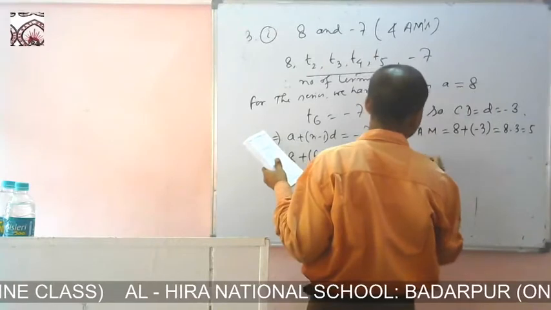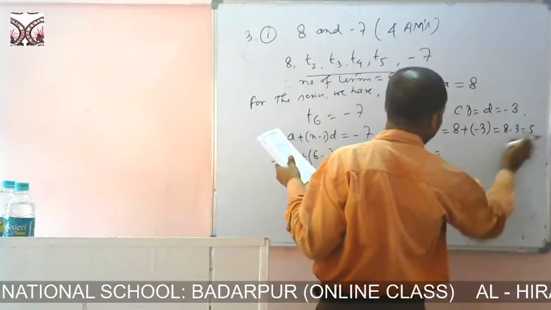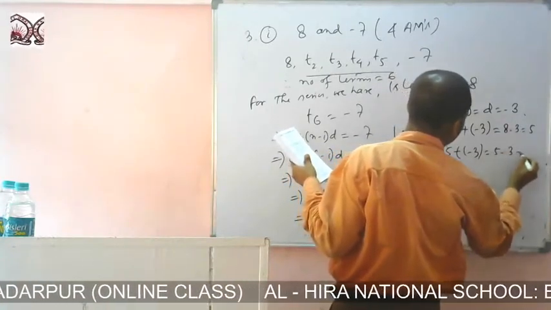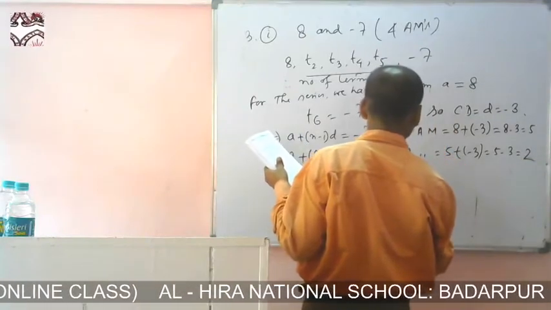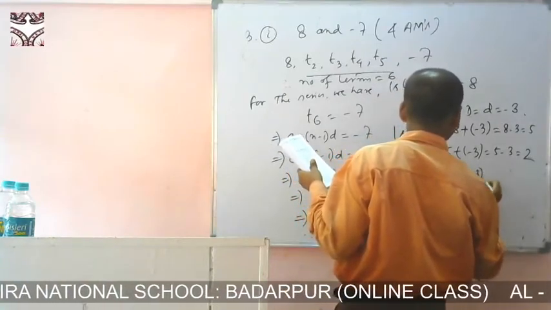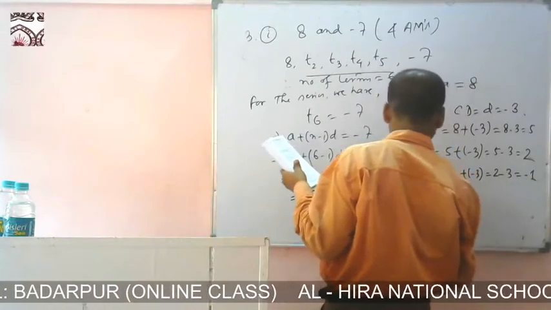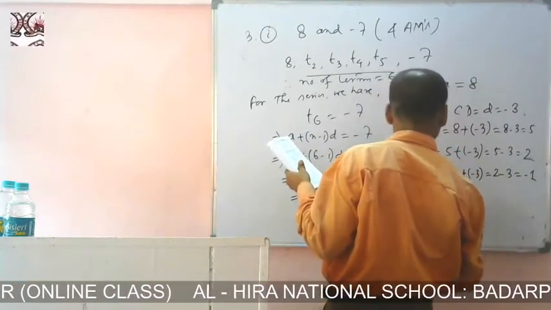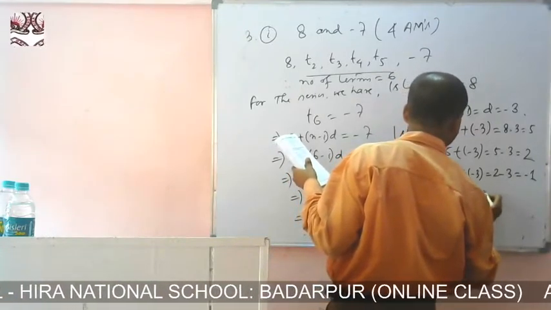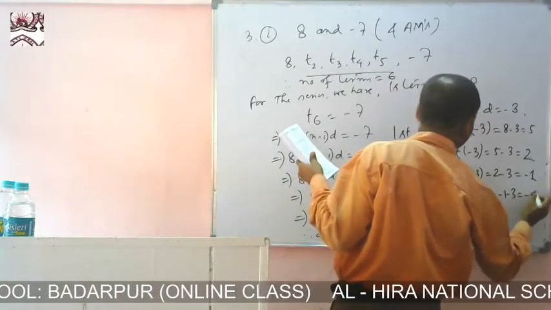The second AM will be 5 plus minus 3, which is 2. The third AM will be 2 minus 3, which is minus 1, and the fourth AM will be minus 1 minus 3, which is minus 4.